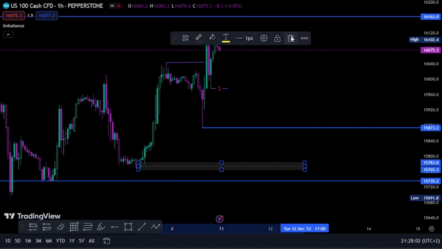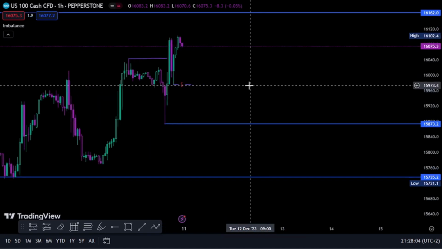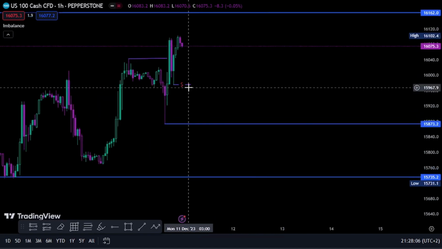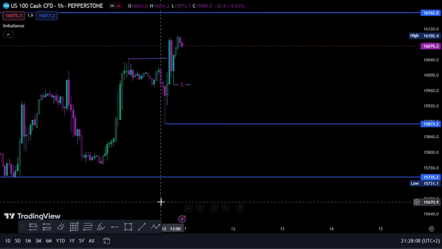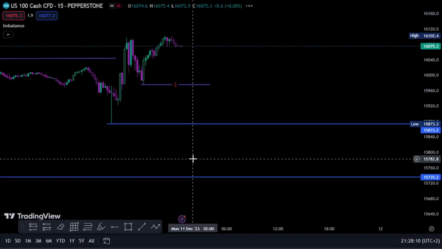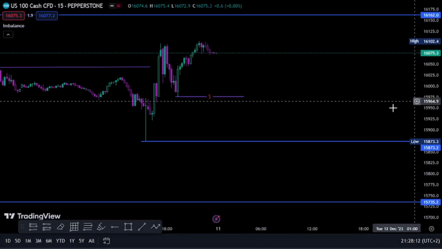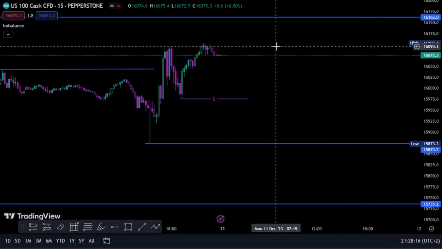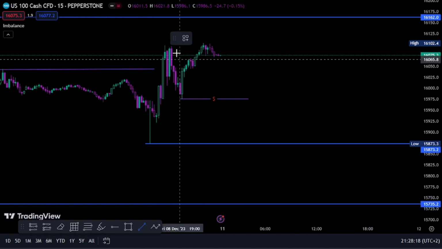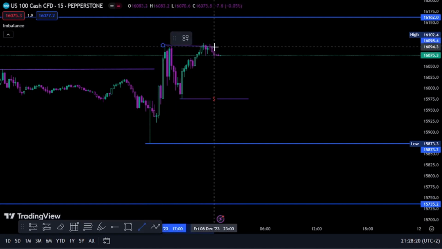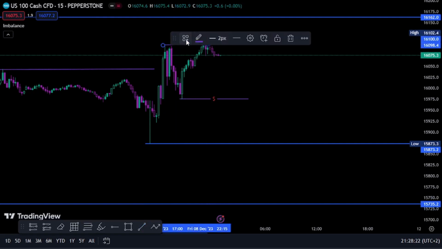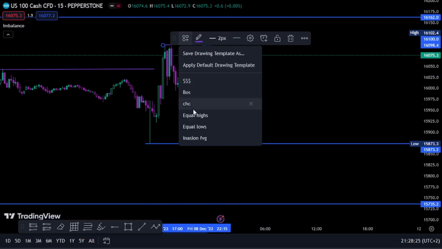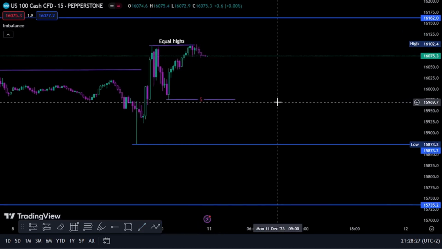But that's not what we're focusing on now. We're only focusing on this low and this high for this moment. That's why we're moving to the 15 minutes time frame, and you see here the market created equal highs.